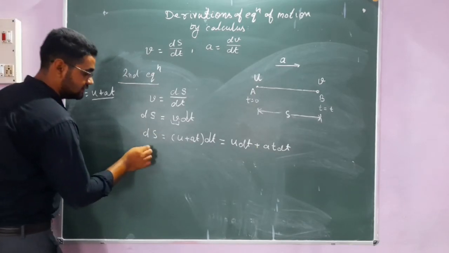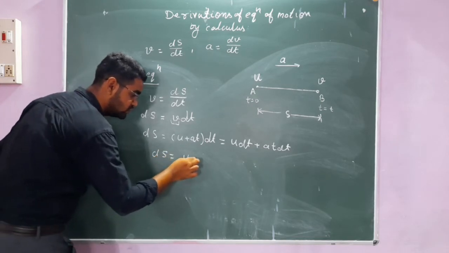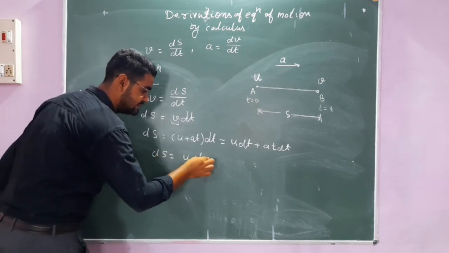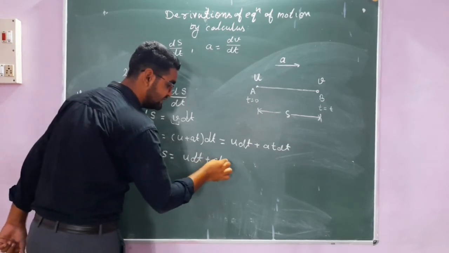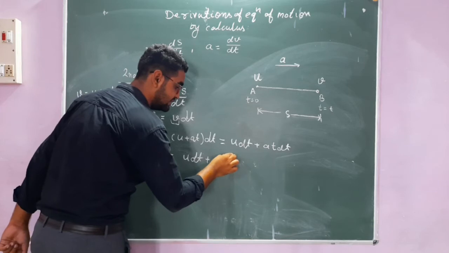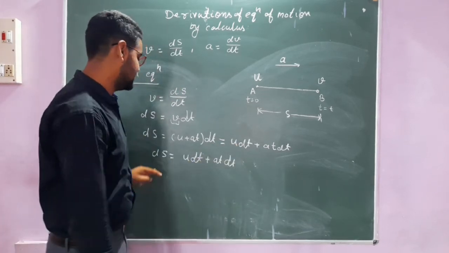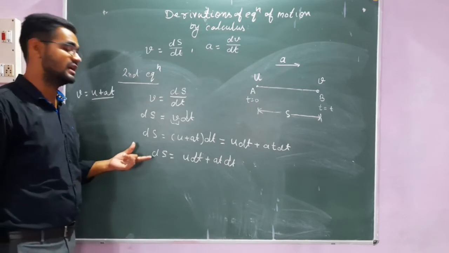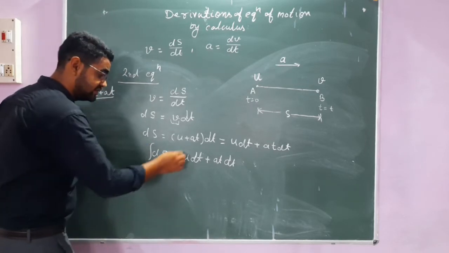Then we can say that ds is equal to u dt plus at dt. This is another type of differential equation, and to find the equation, we have to integrate this equation.